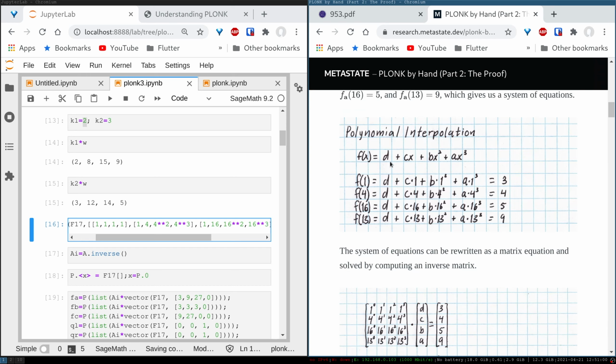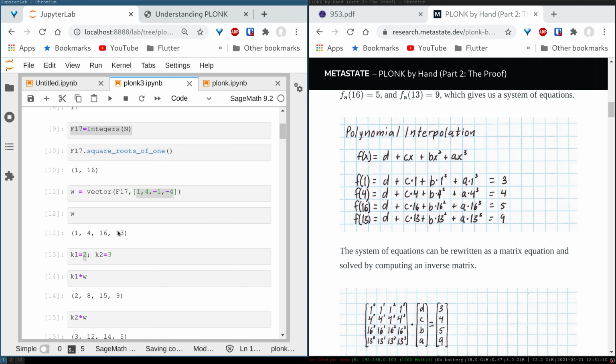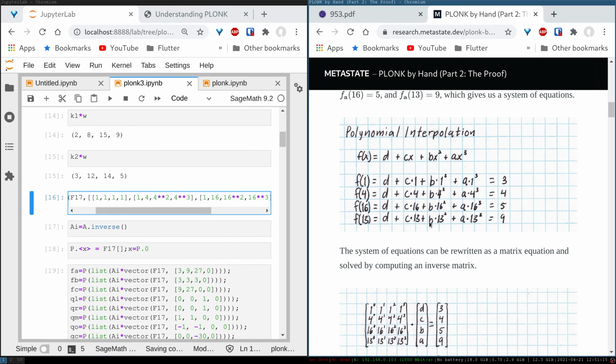You want to find a polynomial with 4 coefficients, D, C, B, and A, and you want to match at 4 different points, in this case 1, 4, 16, 13. And you're matching some values that you want. In that example it's 3, 4, 5, 9. In our case, it's 3, 9, 27, 0.